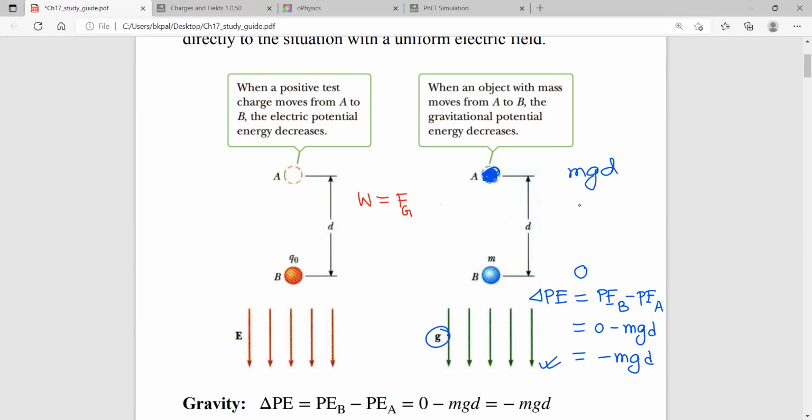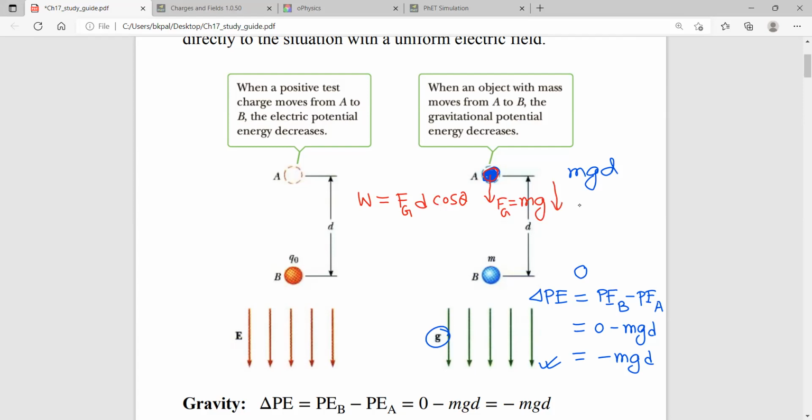Fg is the gravitational force, or the weight, which is equal to mg. When you drop it, it goes downward, so the displacement is also in this direction.